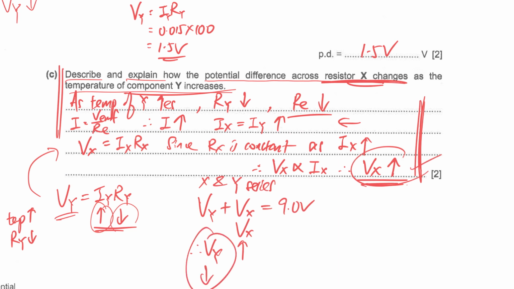So that's how you explain using the concept of both of them connected in series: the sum of potential differences will be the EMF. You will always make use of the fixed resistor to find what will happen to the potential difference, then use the fact that the sum of potential differences adds up to your EMF to conclude about the potential difference across Y. So I hope if you come across this question, you'll still know how to explain this. All right, thank you.